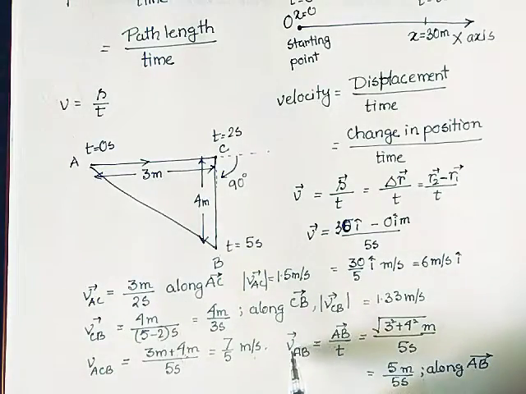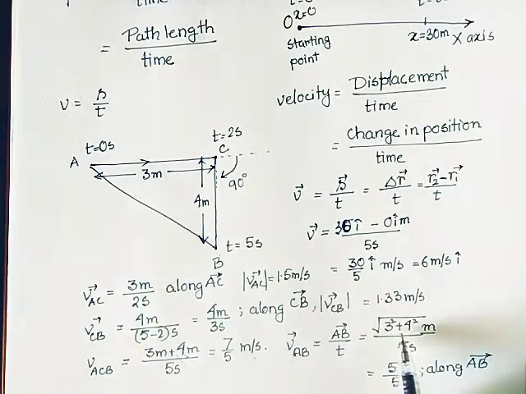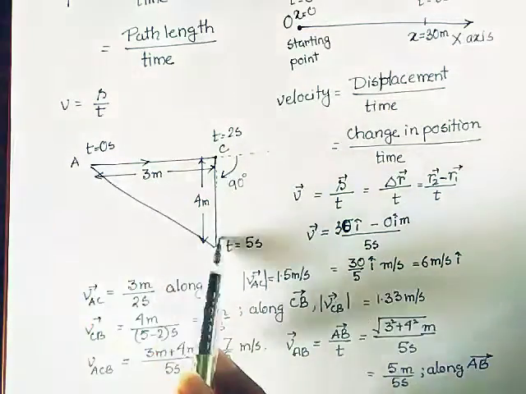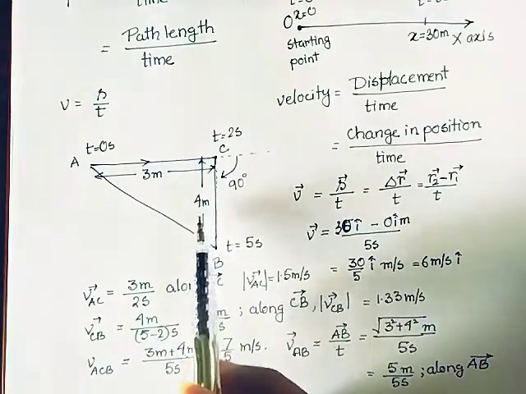So the velocity for AB is the AB vector divided by T, and if I connect AB, it gives the hypotenuse, so it will be root over of 3 square plus 4 square meter, and the time in reaching from A to B via C is 5 seconds, because the displacement does not concern the actual path.